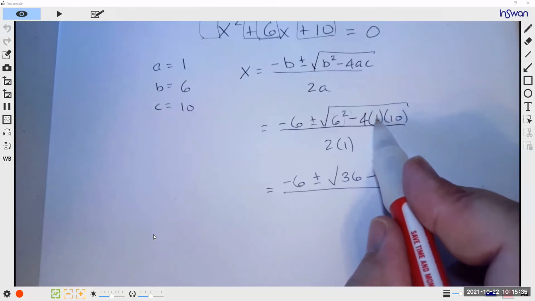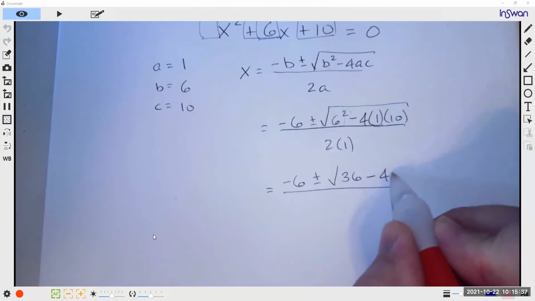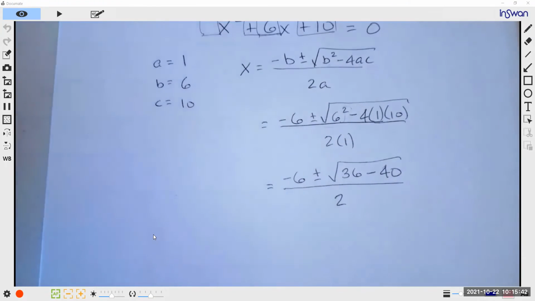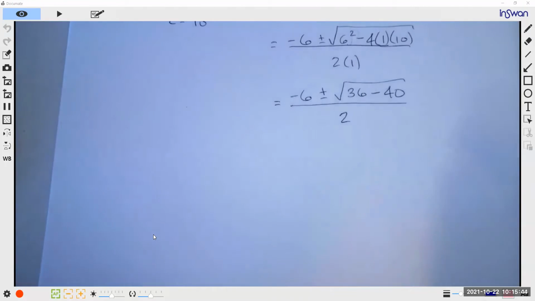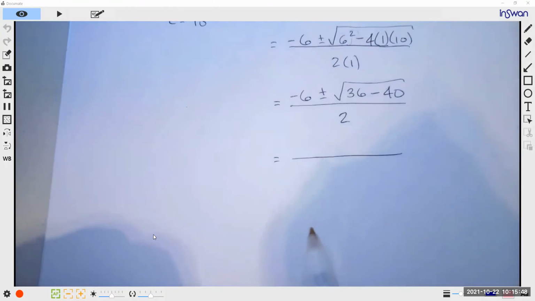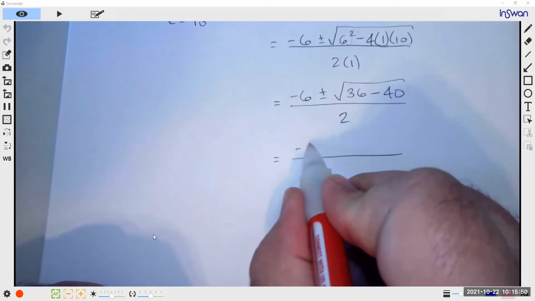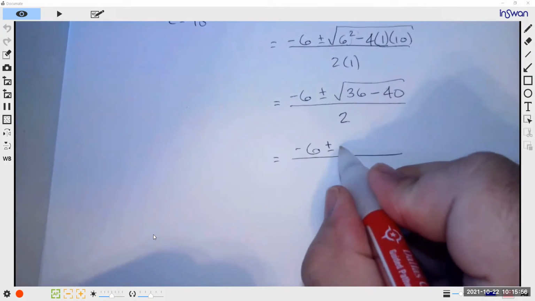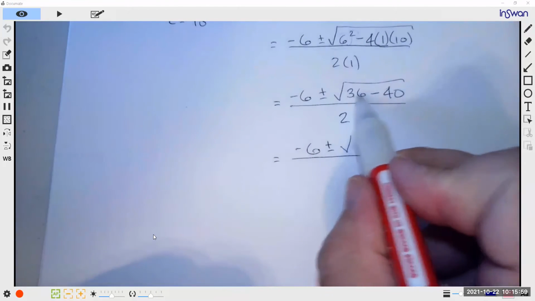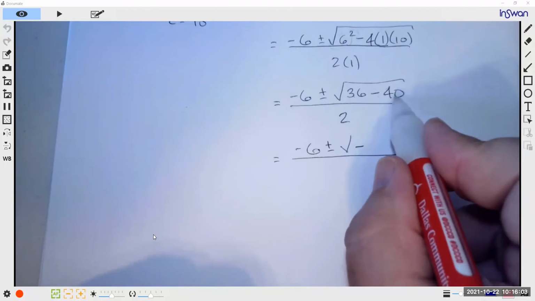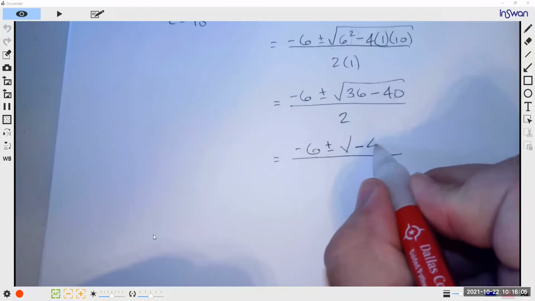Minus 4 times 1 is 4, times 10 is 40, over 2. I can't do anything with the 2 until I finish the top. 36 minus 40. 40 is bigger, so it's negative. 40 minus 36 is 4.